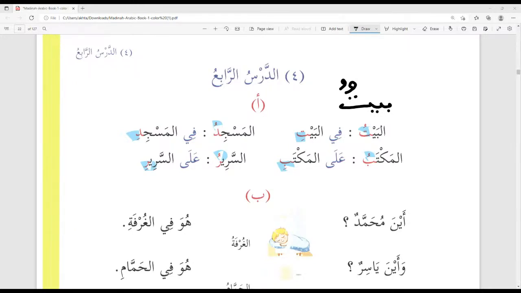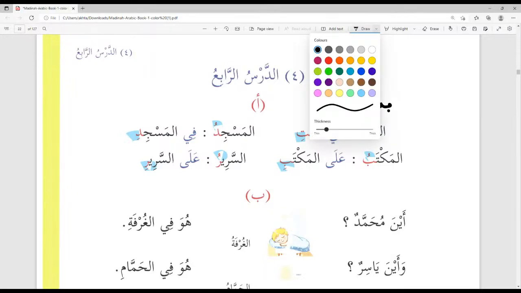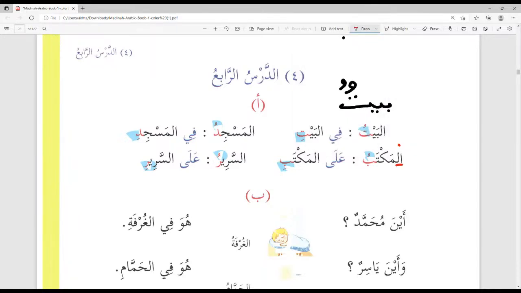So we studied baytun, so generally nouns end with 2 dhammas. And then in the last lesson, we studied alif al-lam, which is lam al-ta'rif, and that when alif and lam come before a noun, they change it from 2 dhammas to just one dhamma, as we see in examples.